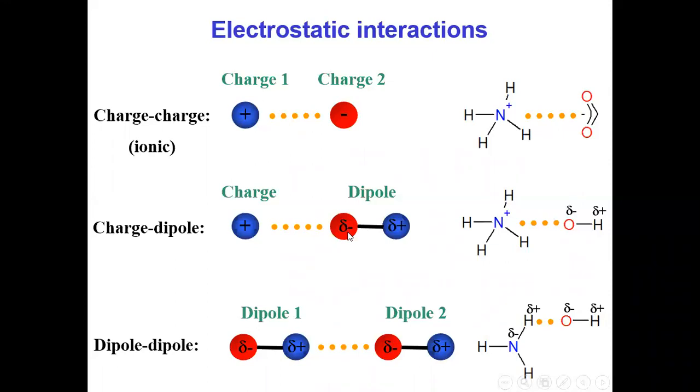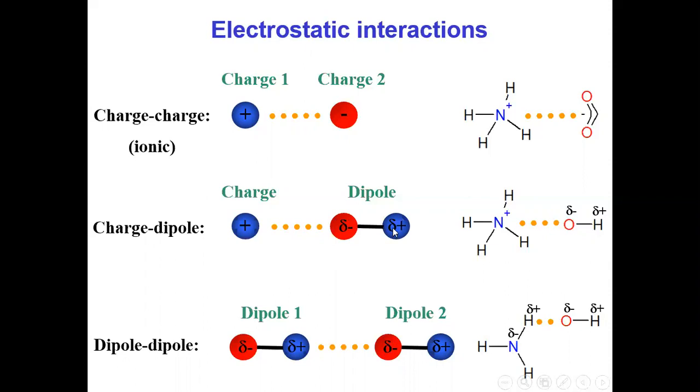A dipole forms when two atoms that are connected by a chemical bond have different electronegativities. So the atom with the higher electronegativity draws some of the electrons of the bond towards it and becomes partially negatively charged.